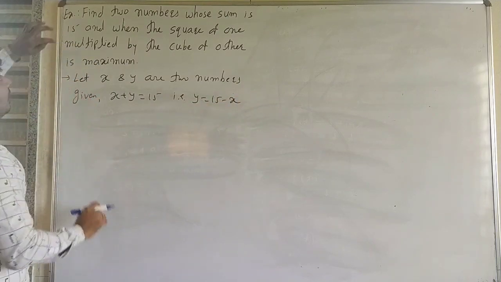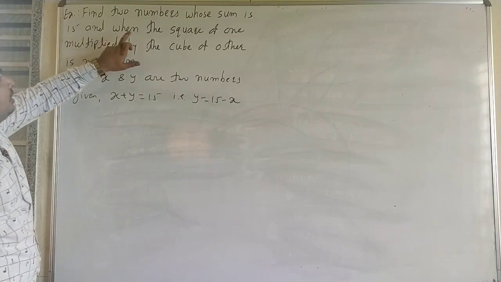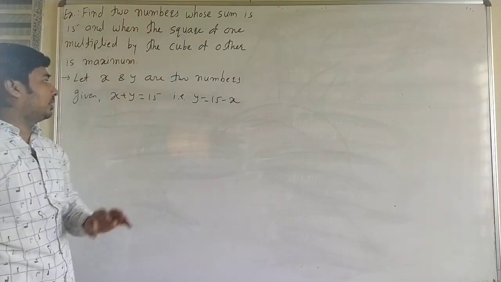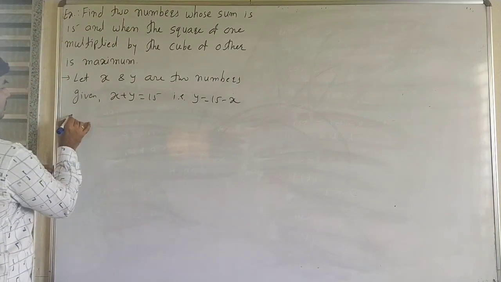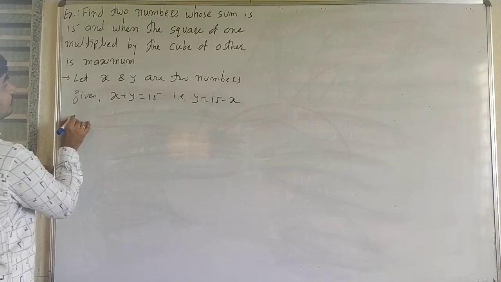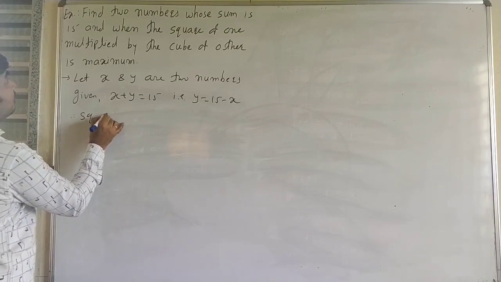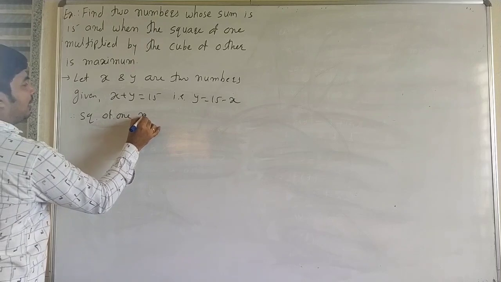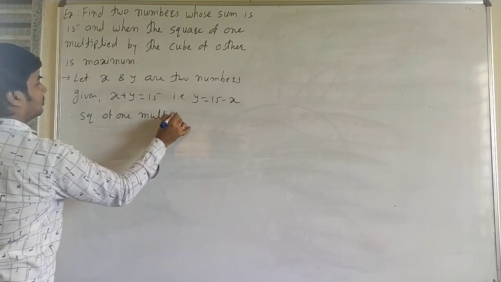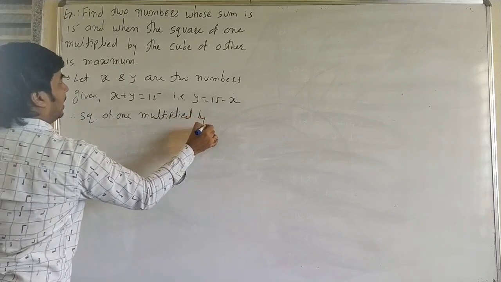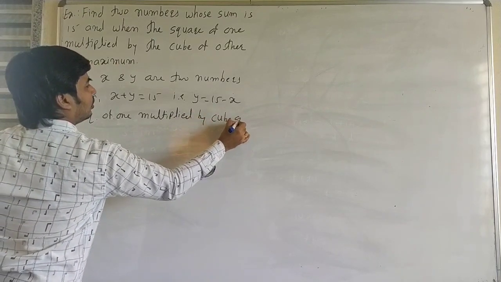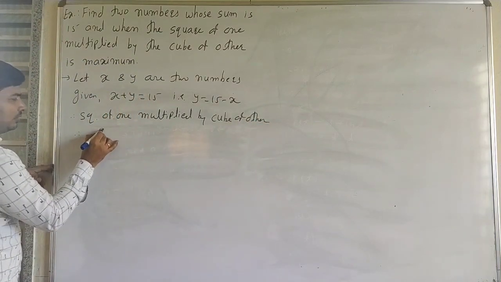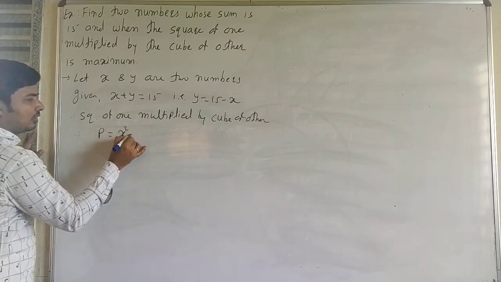Okay, now what is the function to maximize here? The square of one is multiplied by the cube of the other, that is again a product. Therefore the square of one multiplied by the cube of the other, therefore p is equal to x square into y cube.